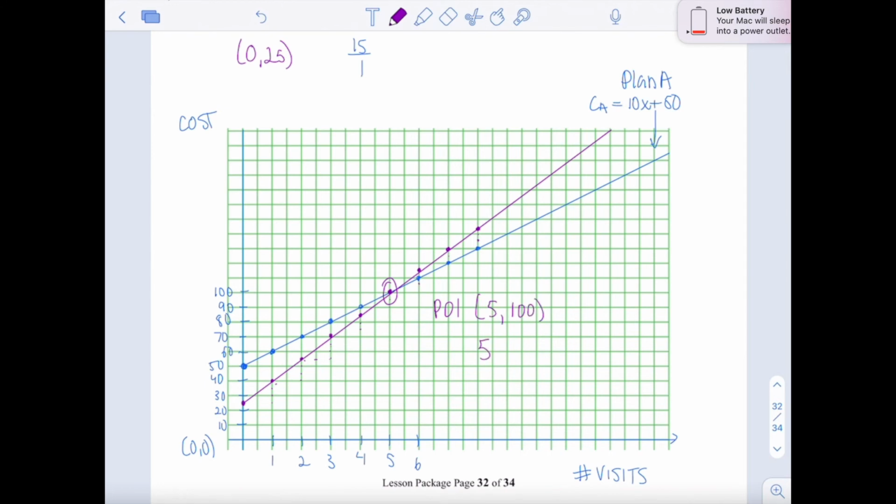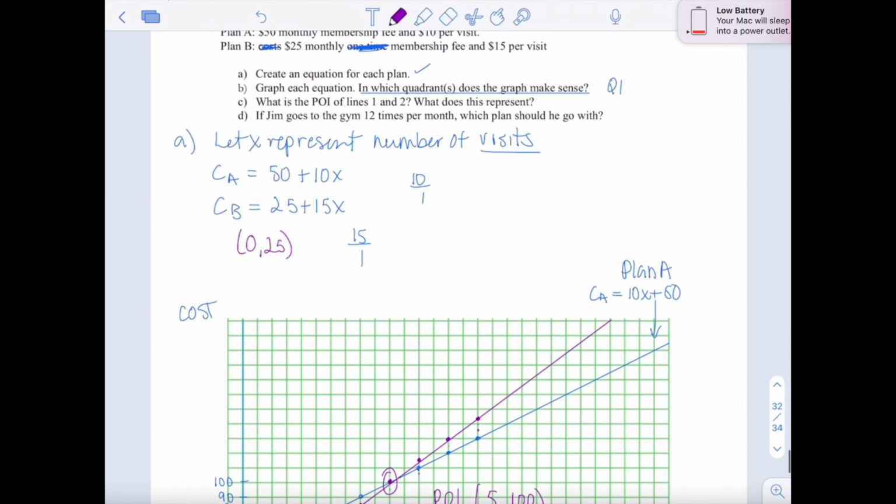What that means is at 5 visits, the cost is going to be $100 regardless of whether Jim goes to Gym A or Gym B. So the point of intersection in this case is, I'm going to write this out, for 5 visits, the cost is the same at both gyms. Okay?